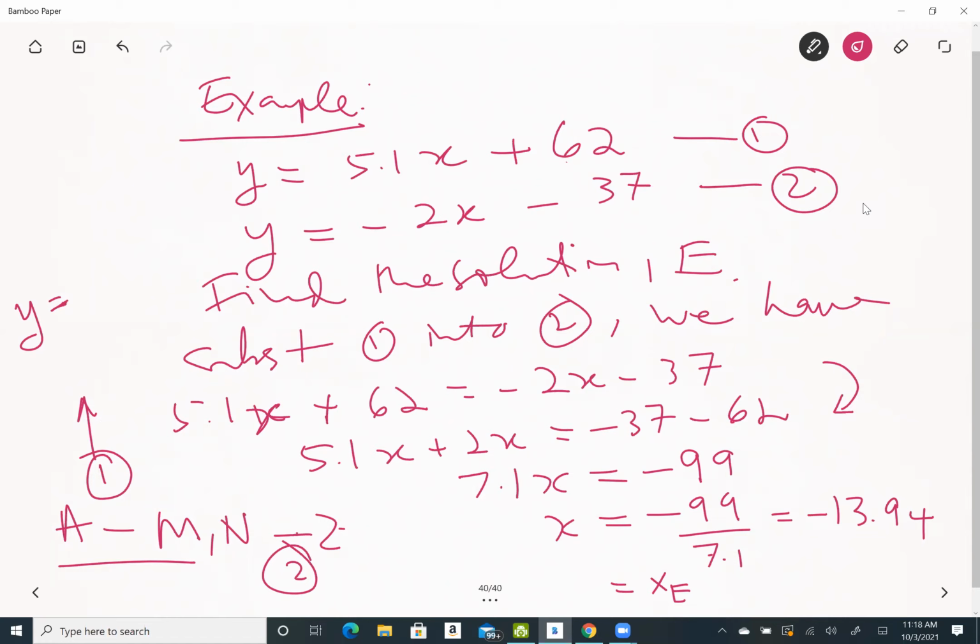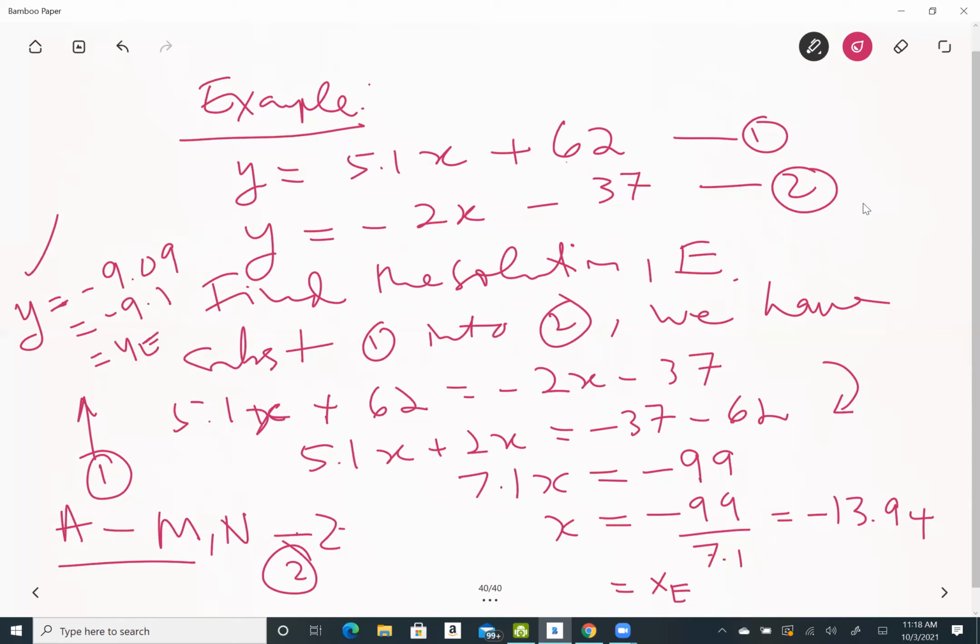Negative 9.094. We can round it up to negative 9.1. So that is YE. Everybody got negative 9.1? Yes, good, that's right.